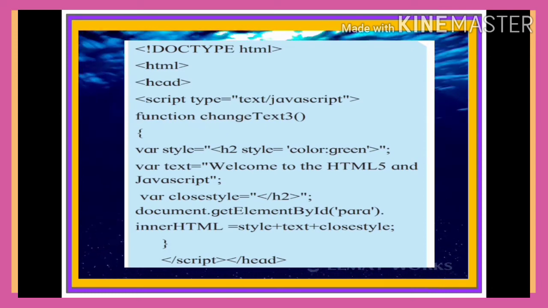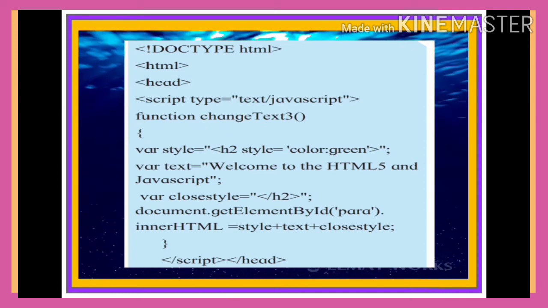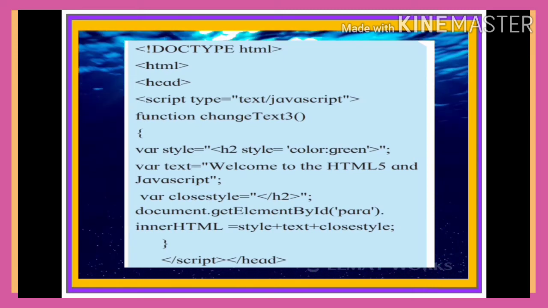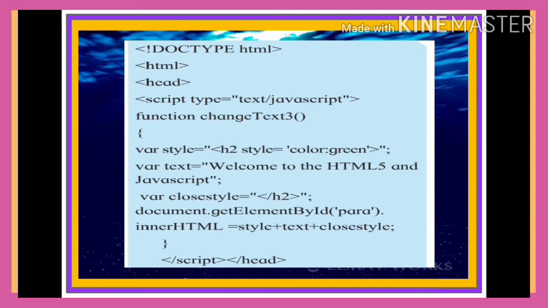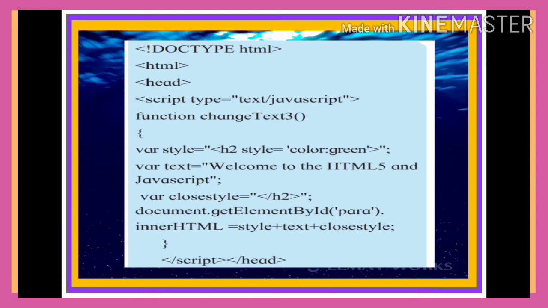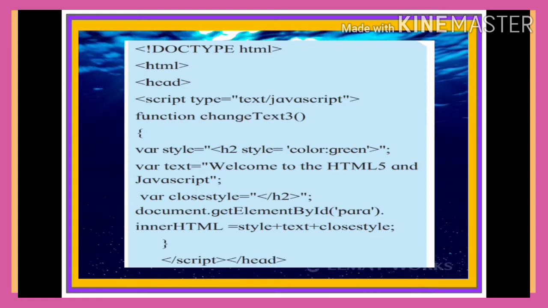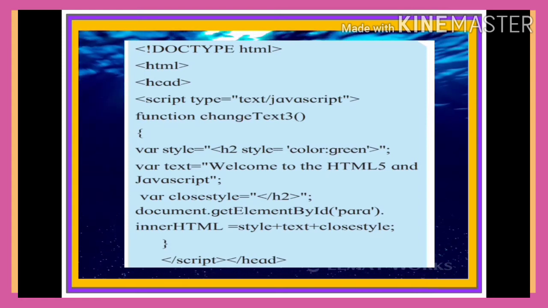Here in this changeText3 function, we are using innerHTML property with the para id of getElementById method, and the content is the combination of three variables: style, text and close style. Close script, close body. Save the program, execute on the browser.